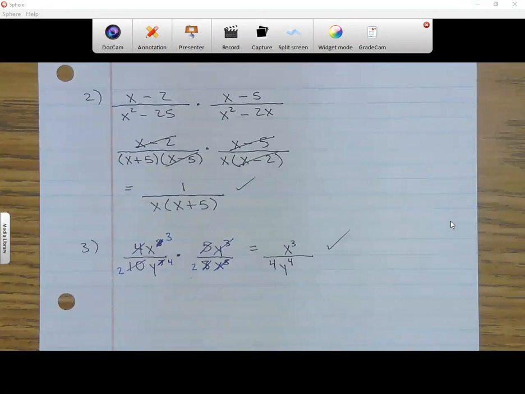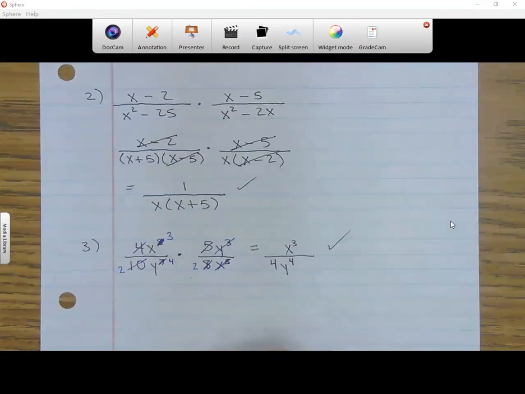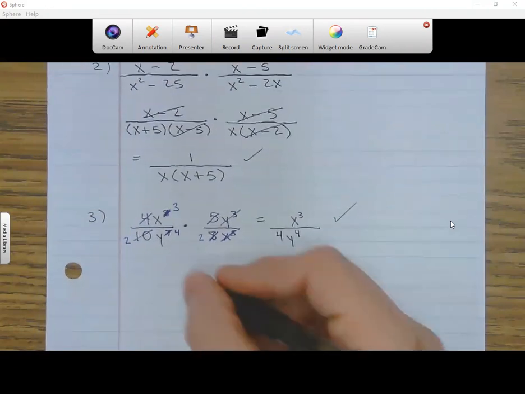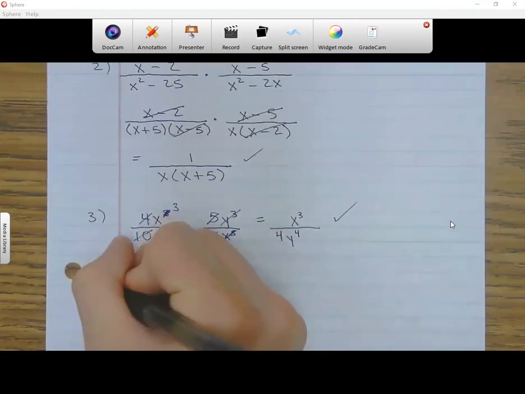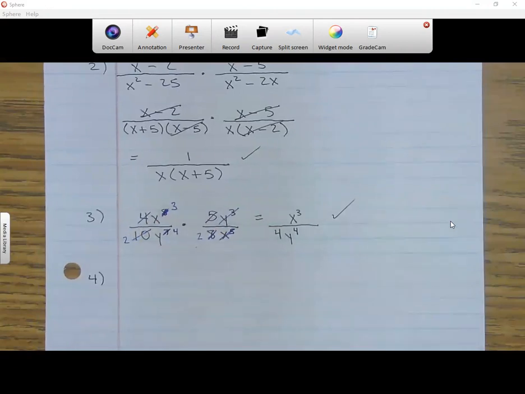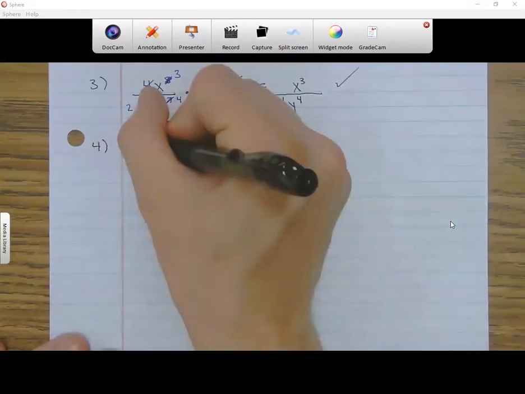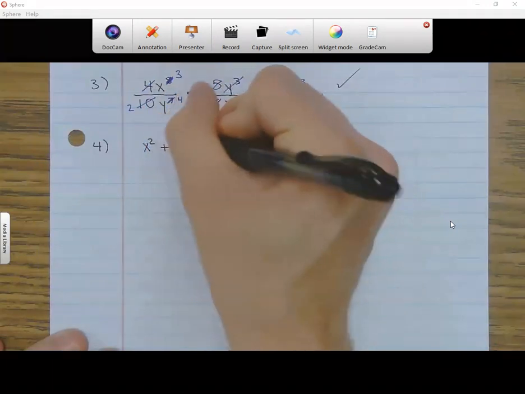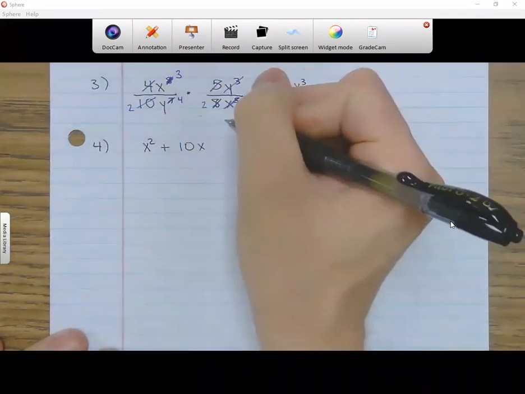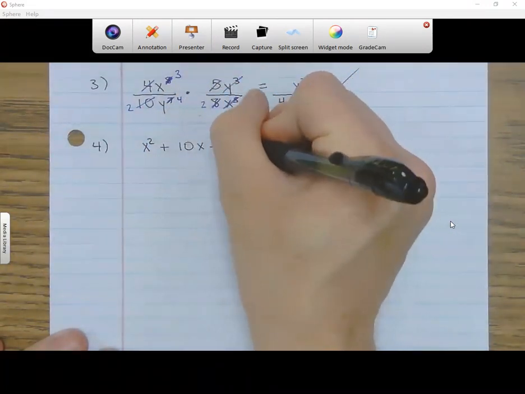Now let's go to some of the division problems. Let's do number 4 together. Okay, so for number 4, I have 2 fractions. Let's just go ahead and write them out. We have x squared plus 10x plus 16.